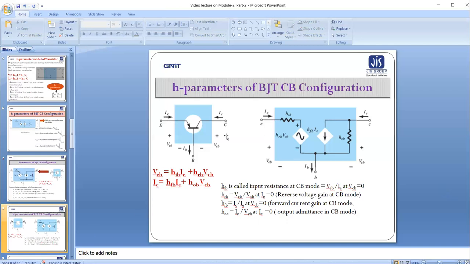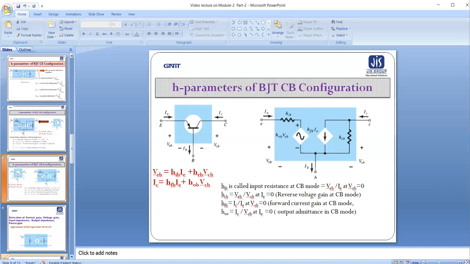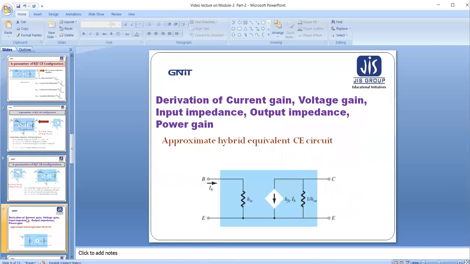So this is the H parameter model of the BJT common base mode. Now we are going to derive the current gain, voltage gain, input impedance, output impedance and power gain. This is the most important thing to design a particular amplifier, because an amplifier will increase the strength of the signal.